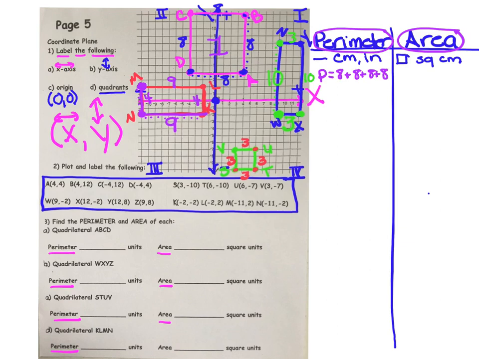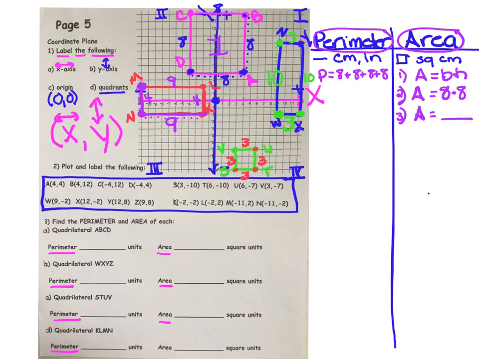However, for area, we're going to use the area formula to measure the amount of square units on the inside. In this particular case, you will take the base 8 blocks long by 8 rows of blocks, or 8 times 8. It's base times height.